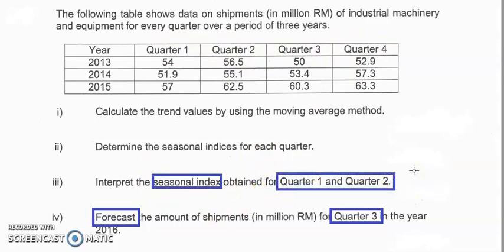So we need to analyze this data on a quarterly basis. If you look at quarters, we have quarter 1, quarter 2, quarter 3, and quarter 4. So there are 4 quarters, which means an even number of time or even number of terms. So if even number of terms in this question, we need to use centered moving average.